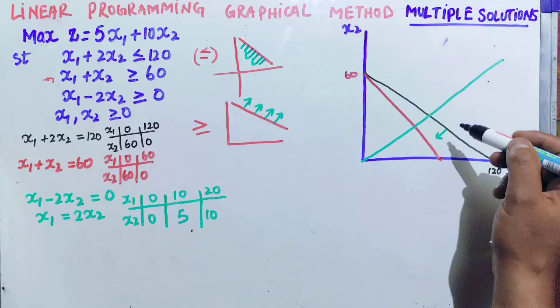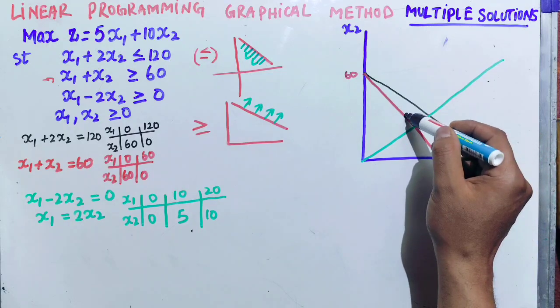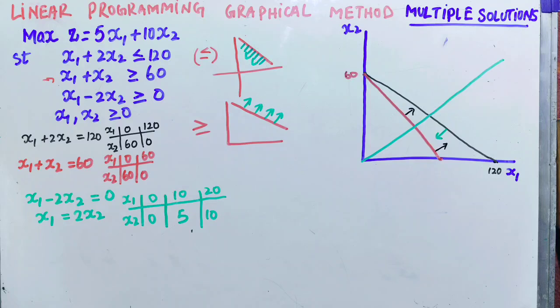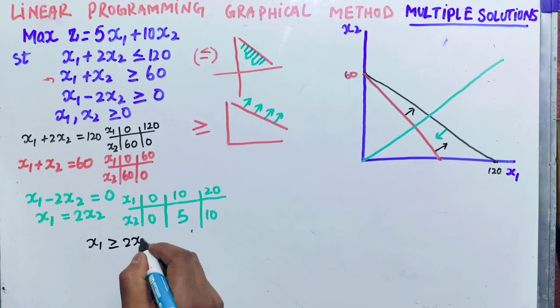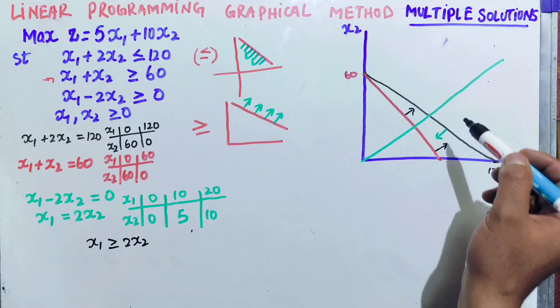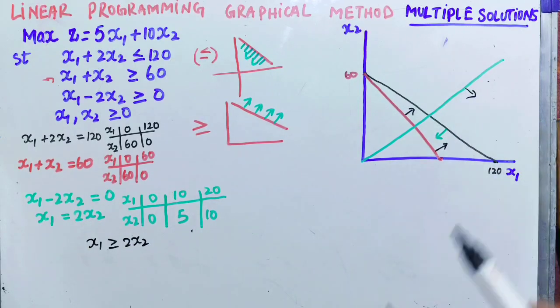So we have to shade the above area, that means this area. In the third one, let us see. So we can write x1 is greater or equal to 2x2. So in this case, the shaded area will be this area.